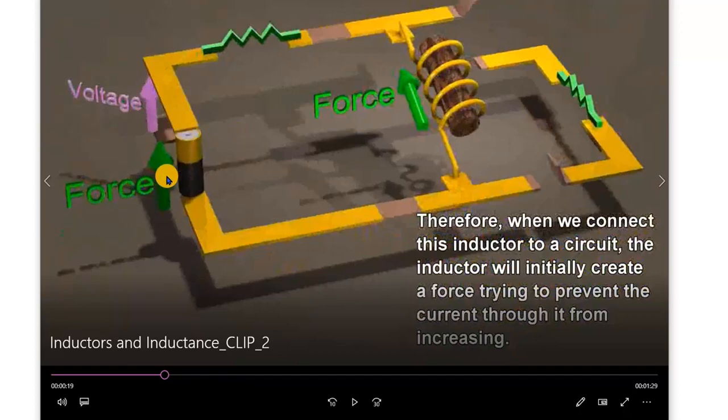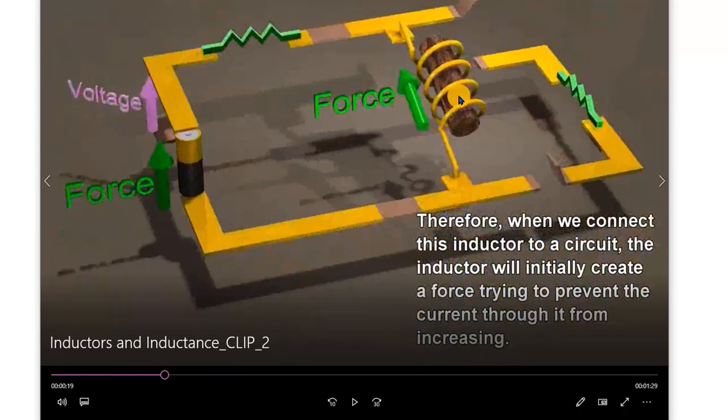So we have here a force that is driving current in this direction. There's a counter force given by the inductor. If we have this force to be, say, 12 volts, then this one will also be 12 volts at the initial stage. So immediately we close this circuit, this one will offer equal resistance to the current that will be flowing.